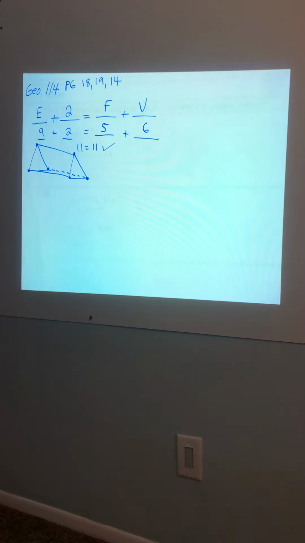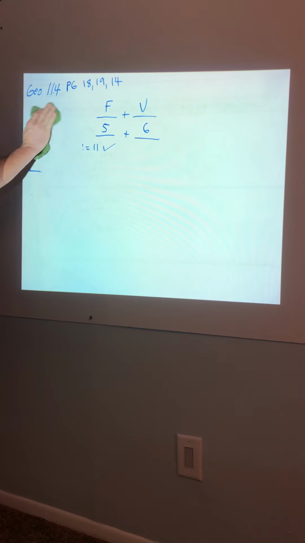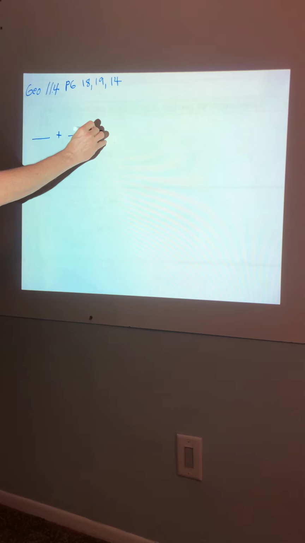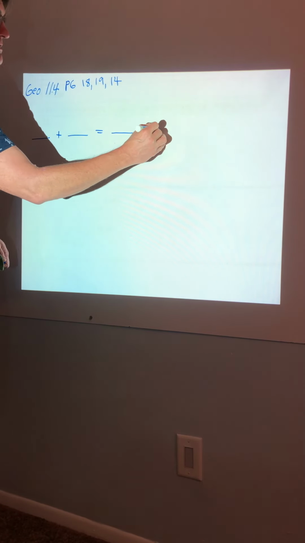Talk to me about Euler's formula. Every year I do this lesson, I cannot remember this formula. I have to go back and look at my notes. So finally, I figured a way that everybody's going to remember it. For that formula, draw an underline plus an underline equals an underline plus another underline.